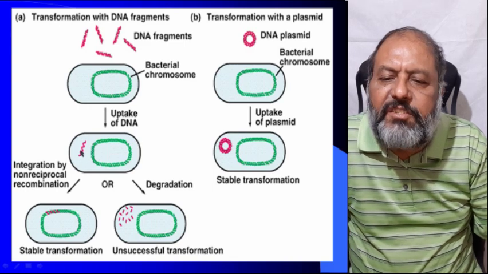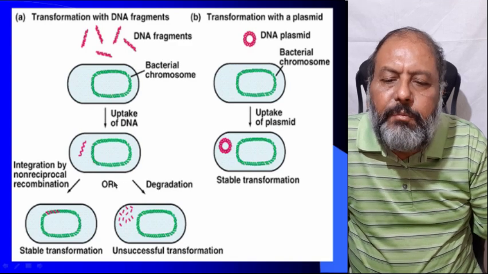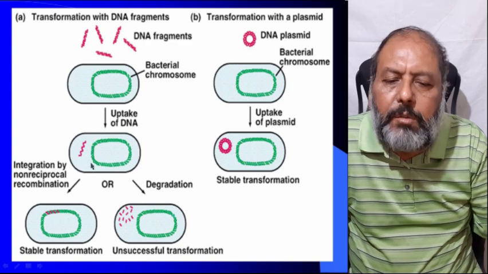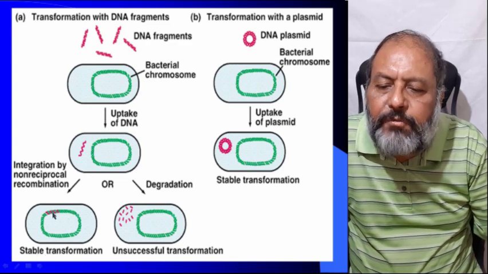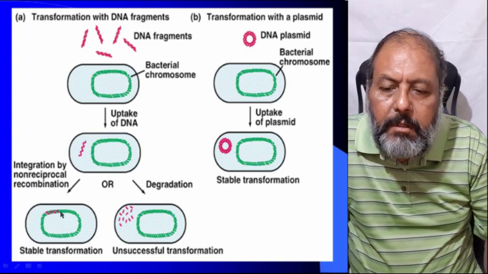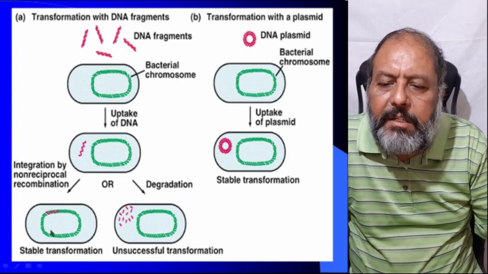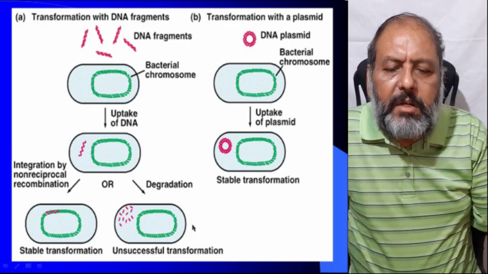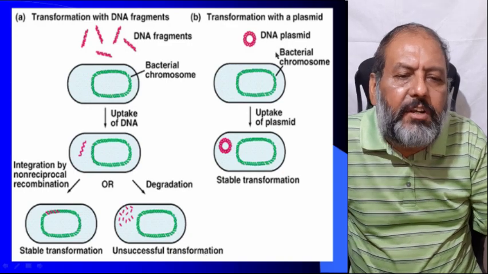Here one can see this part of the DNA trying to merge with the chromosome, or not merging with it. These two conditions: one is called stable transformation, where the DNA fragment merges with the chromosome, and here the fragment is broken up and not taken up by the chromosome. This is called unsuccessful transformation.